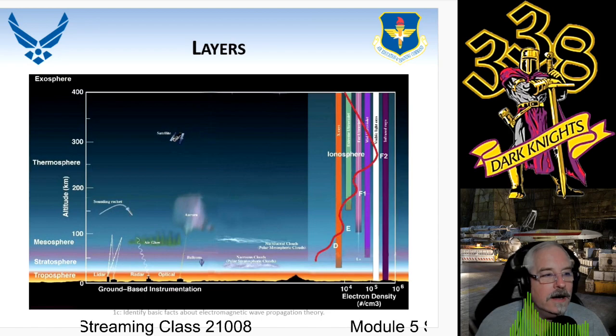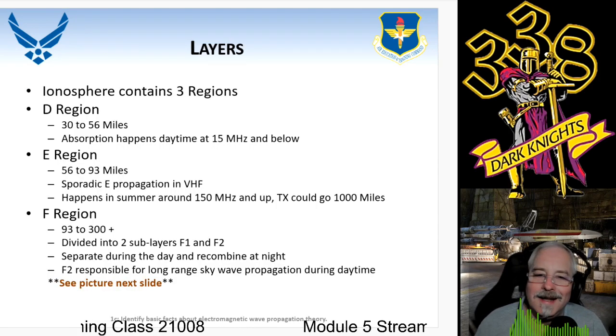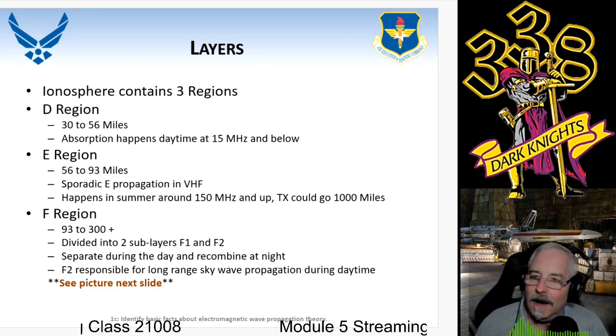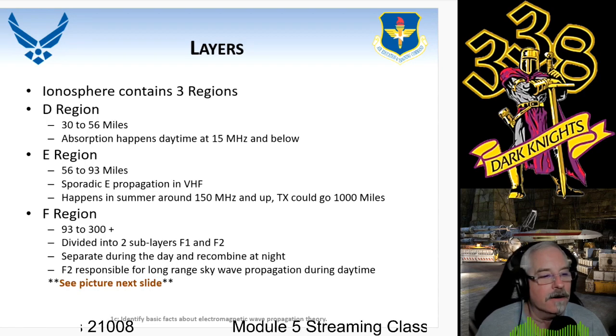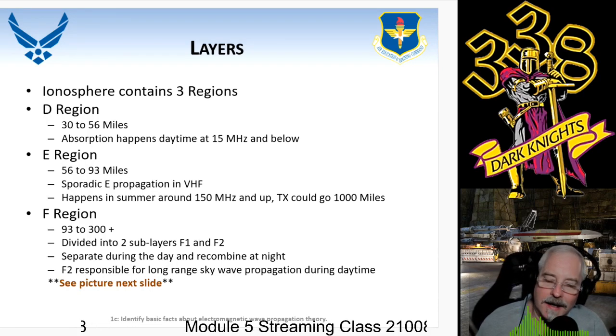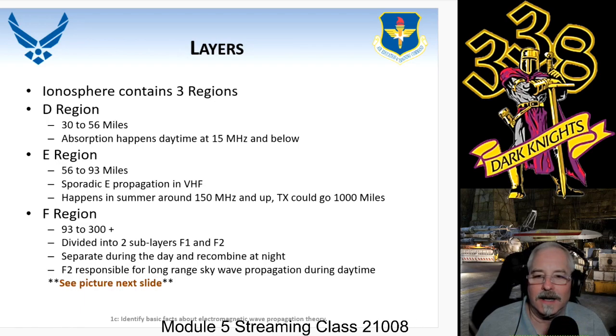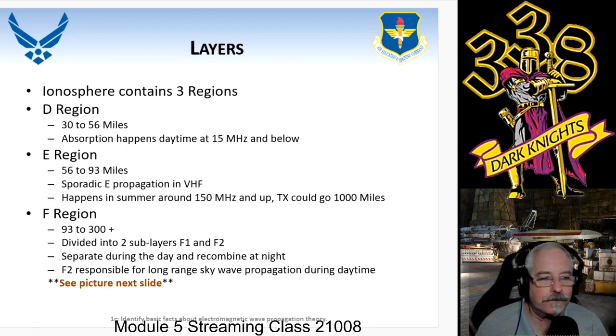There are two layers in the ionosphere, the F1 and F2, when the sun comes up. At night, it becomes the F1 layer, or just the regular F layer. As the sun comes up and starts hitting that layer, it excites the atoms in there and the layers start splitting up.